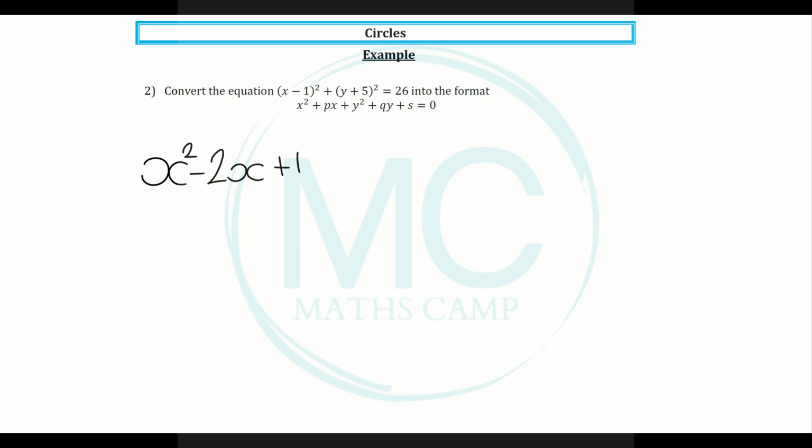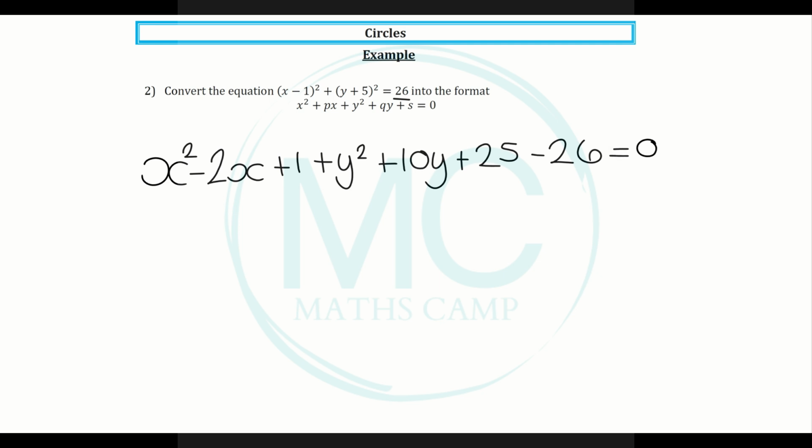For our second bracket, we're going to get y squared plus 10y plus 25. Let's move 26 to the left. We get minus 26 is equal to 0.